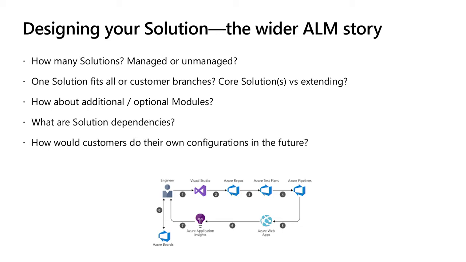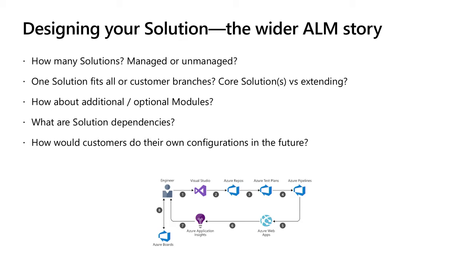So, for those who are familiar with Dynamics and Power Platform, how many solutions would you have as an ISV partner? Would you have just one solution where you have everything in it? Or would you have 10, 15, 20 solutions? And why? Would you have them all as managed, or all as unmanaged? That's all part of the design decisions you need to make as part of your pipeline design. Would you have one solution for all your customers, or a solution for each and every customer with their own version?